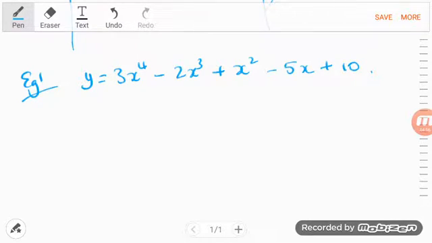Okay. Now, when we're differentiating, make sure your notation is correct so you can tell whoever is marking your work what you're working out or what this equation is. In this case, it is the gradient function of y, so we say dy dx.